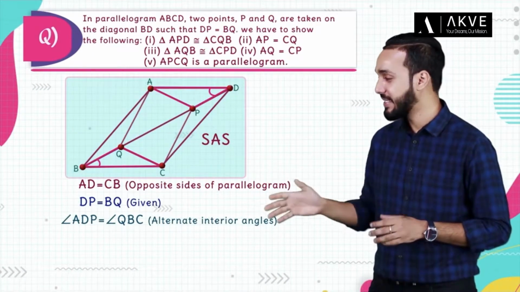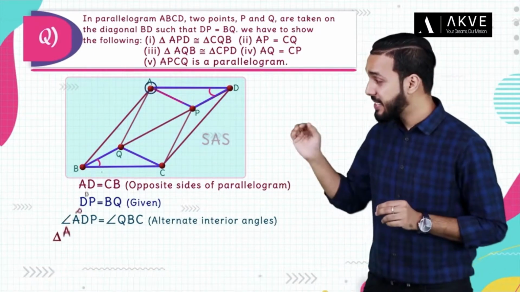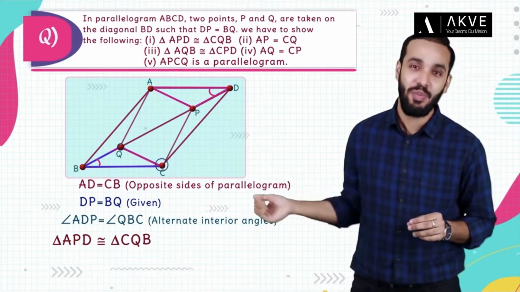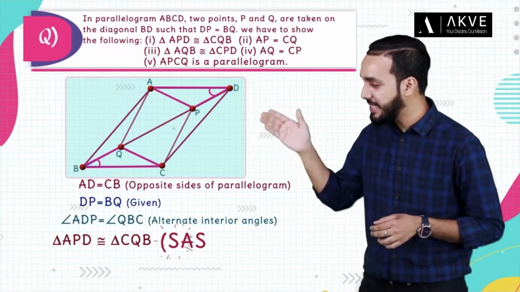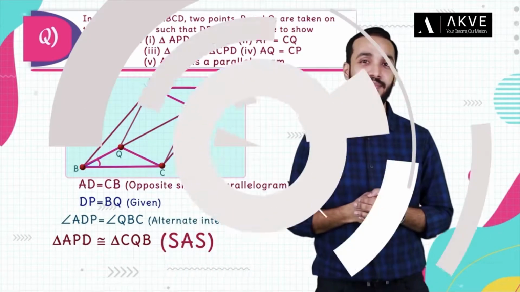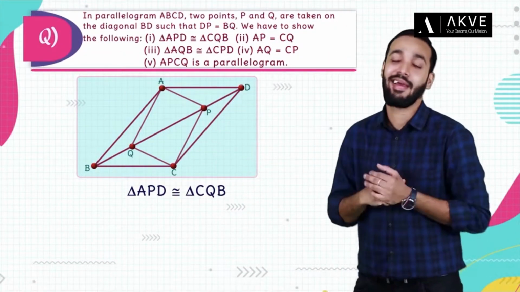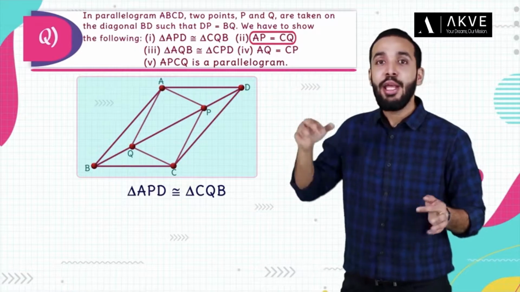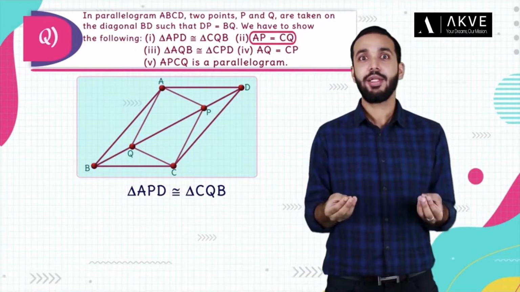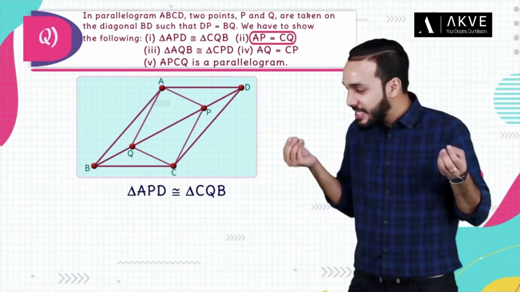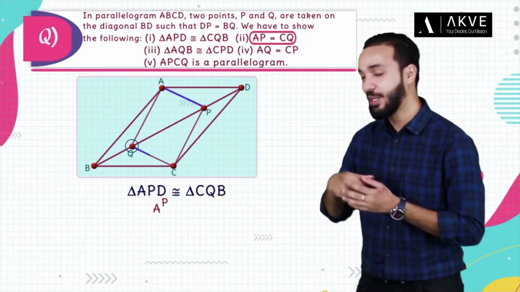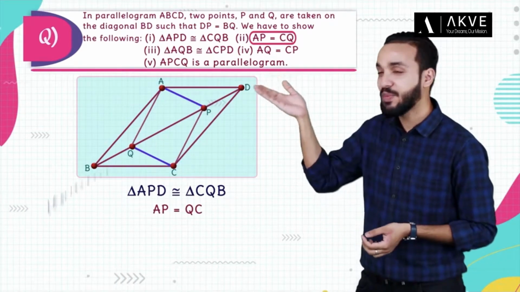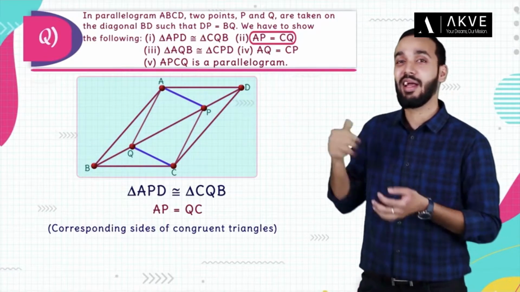Side, angle, side. Thus, triangles APD and CQB are congruent by the SAS criterion. Piece of cake, right? Now, the next requirement is even easier to prove because it's already solved. We just have to write that AP is equal to QC because they are corresponding sides of these congruent triangles.